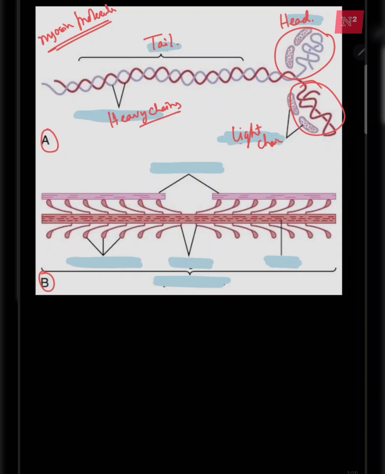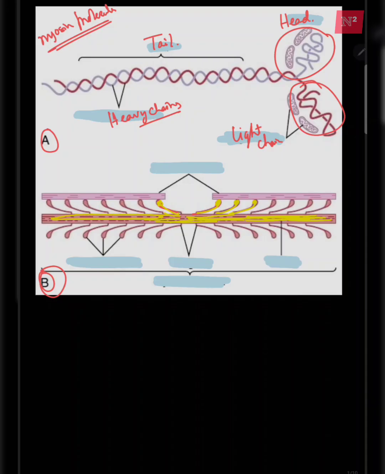Now what is shown in B is a picture of many such myosin molecules. The hockey stick like pictures you can see at the very center are nothing but myosin molecules. So this is one myosin molecule, this is another myosin molecule. Like this, many myosin molecules are present in the myosin filament.